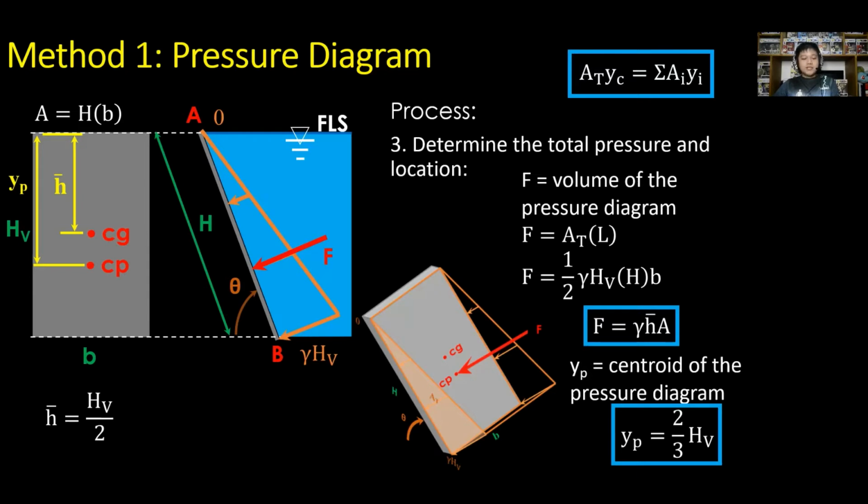Second, partially submerged surface just at free liquid surface. Third, rectangular surface. And for the last note, if one or more criteria are not satisfied, then consider the process of pressure diagram. So this is for the first method.